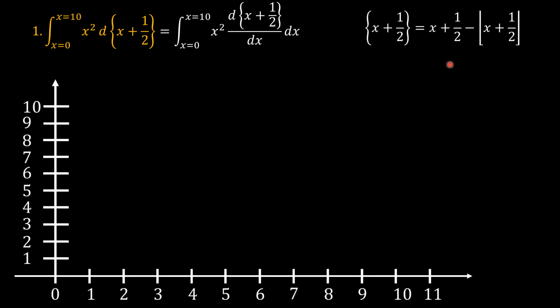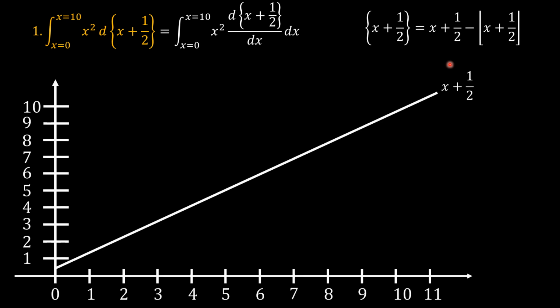So having the x and y axes as shown here, x plus a half is that straight line with a gradient of 1 and an intercept of a half, positive half.